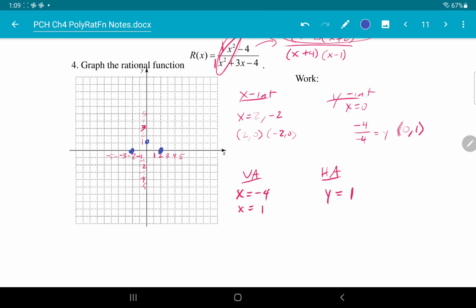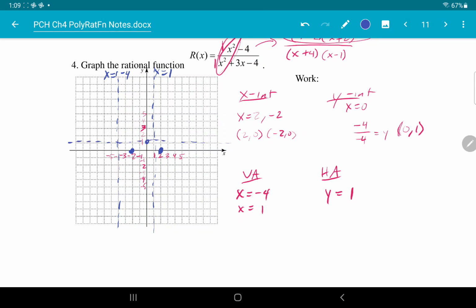And then we also have vertical asymptotes at negative 4. Okay, so we have x equals negative 4 there. And we also have a vertical asymptote at x equals 1, and a horizontal asymptote at y equals 1.